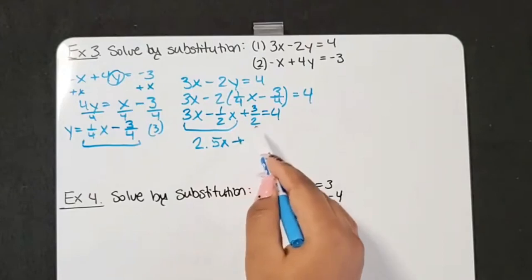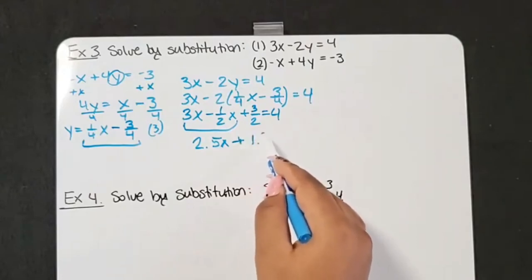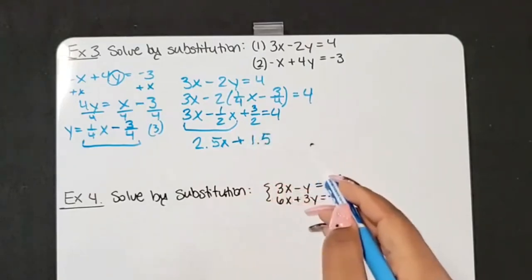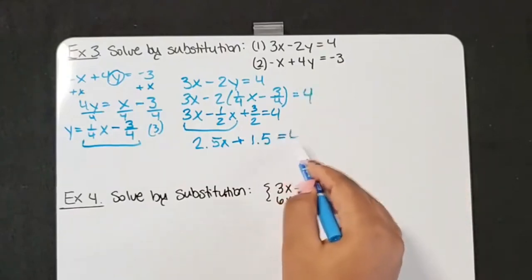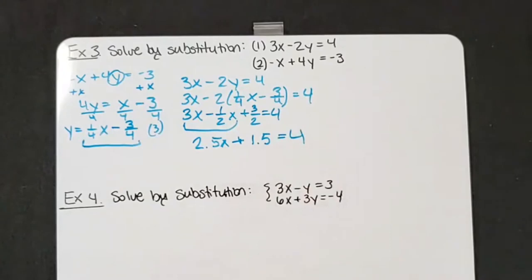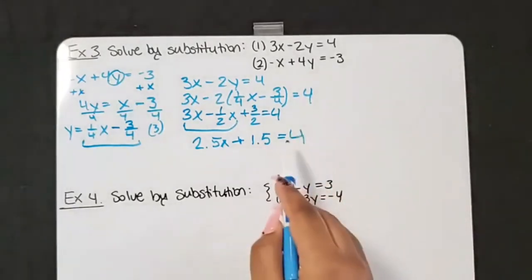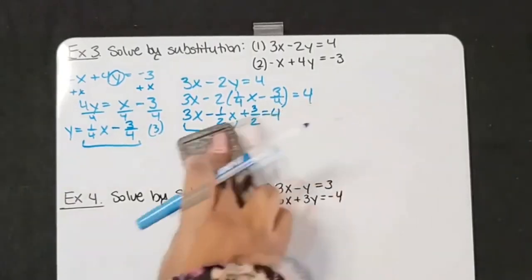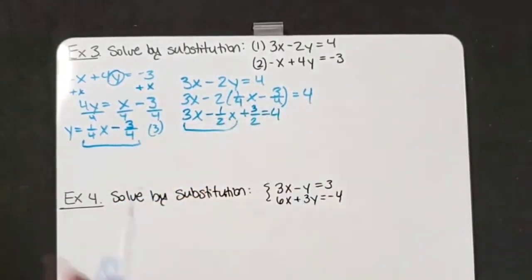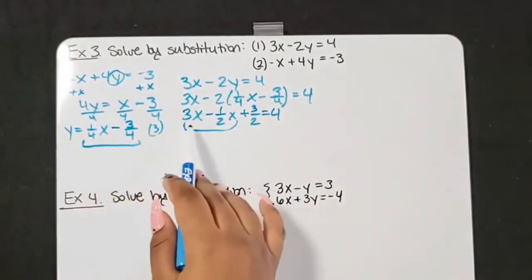Then we still have our plus, and I'll just make it 1.5, equals 4. And I'll leave it as a fraction. Let's do that, because y'all need to know how to do this anyway.